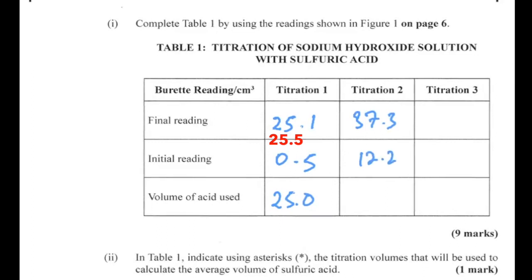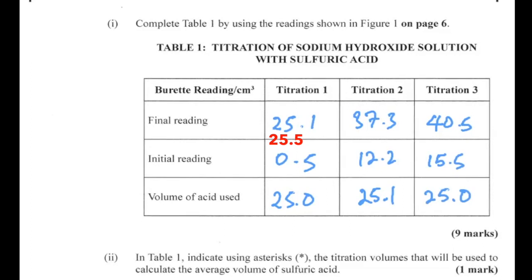The difference between those two is 25.1. Titration 3, 40.5, and initial 15.5. The difference there would be 25.0.